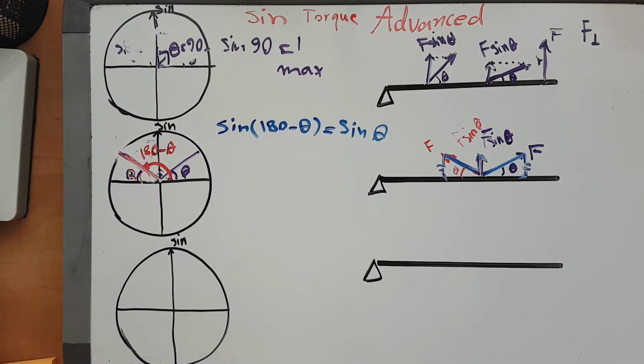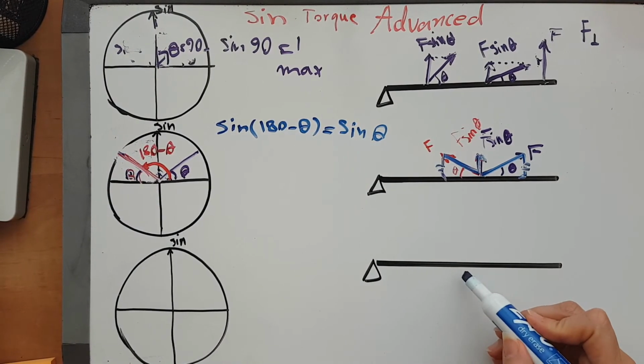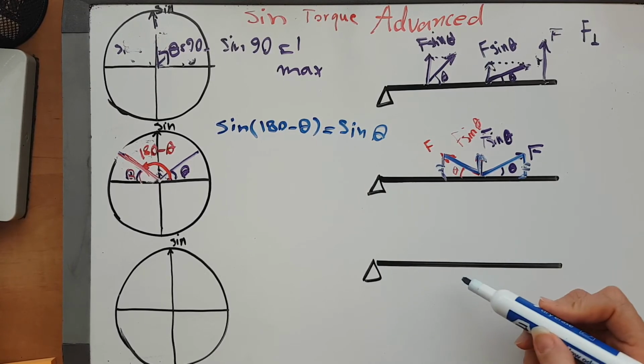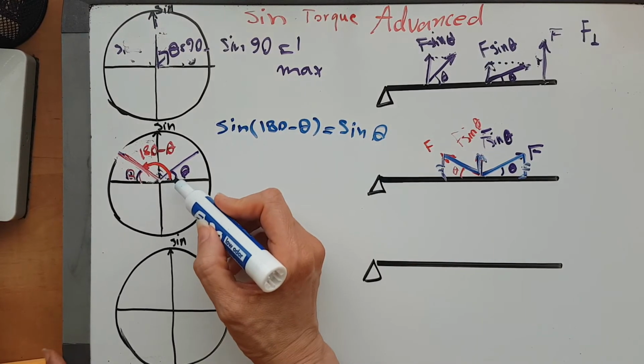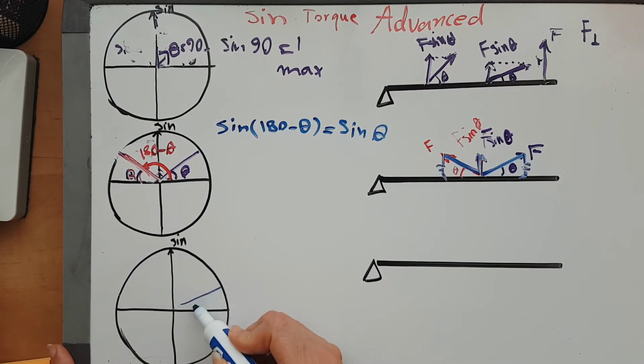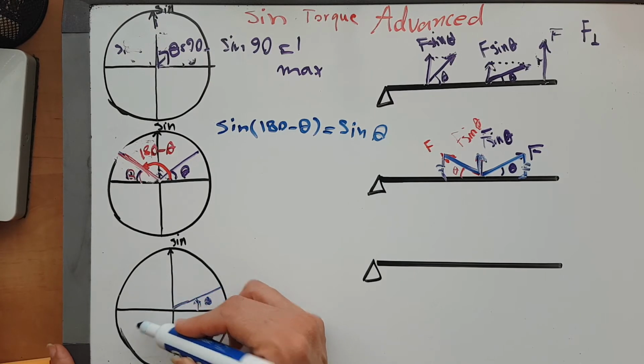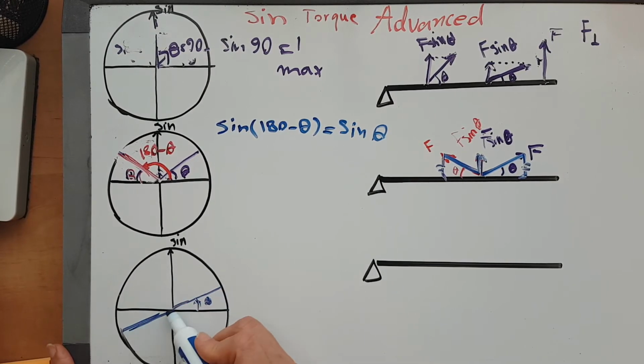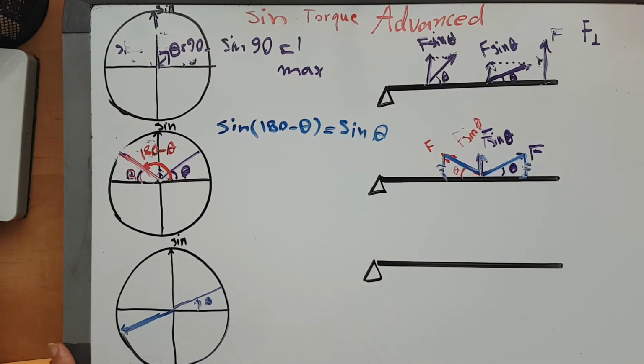Now students might ask, what if the angle gets even bigger than 180? For example, if this is my theta, theta increases, passes 90, passes 180 and goes here. What would happen in that case?